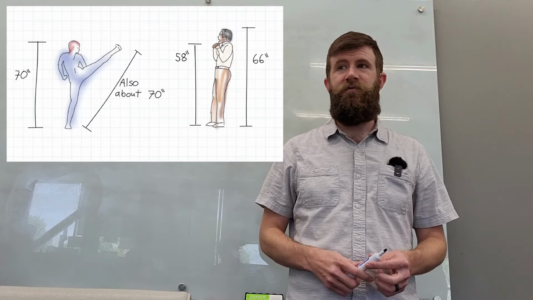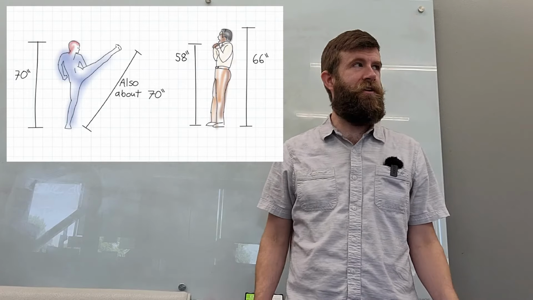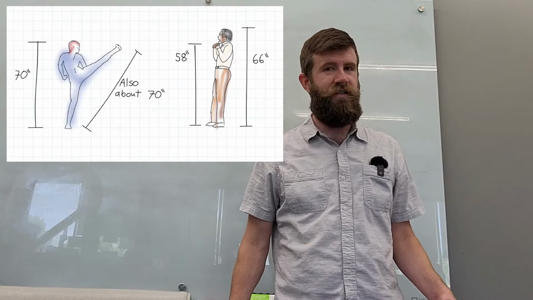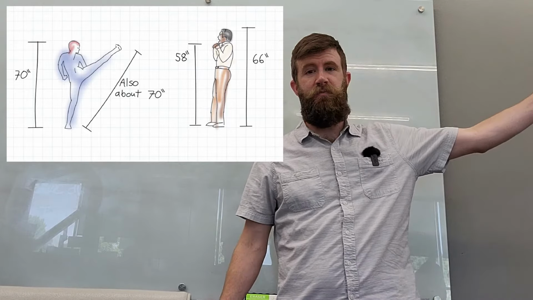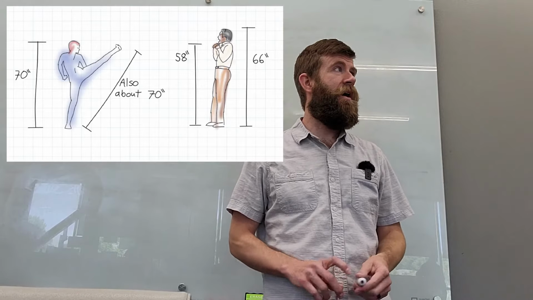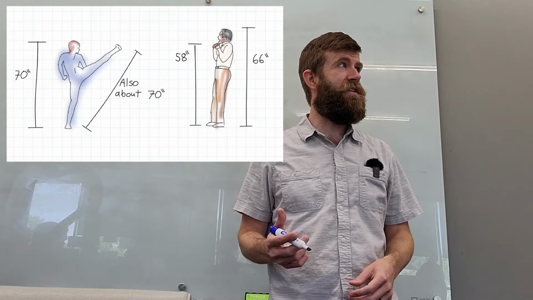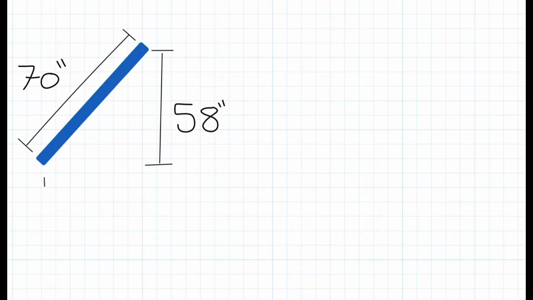Mystique's height is 5'10", and the dimensions of the human body are such that leg distance is half the height. So if she's doing a full split, then that split distance is also 70 inches, or 5'10". And the general, he's 5'6", and that would put his throat height at about 58 inches. You can see we've made a right triangle. To find this side of the triangle, we can use the Pythagorean theorem.